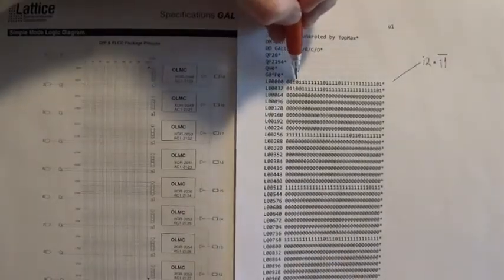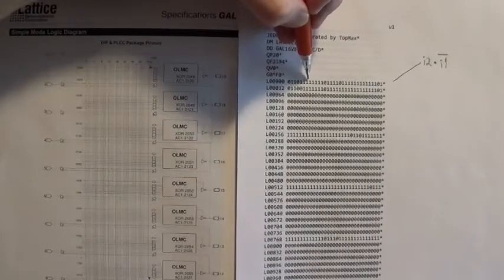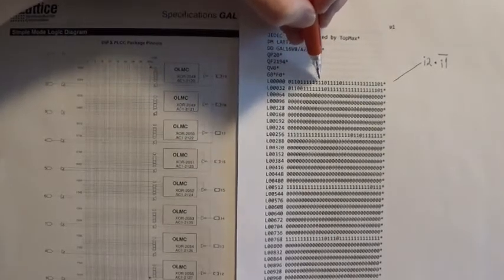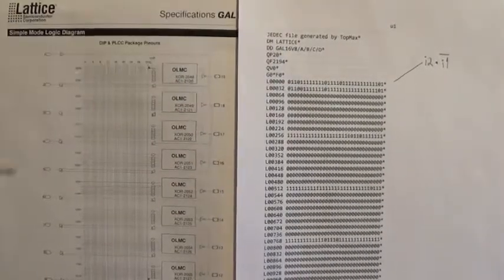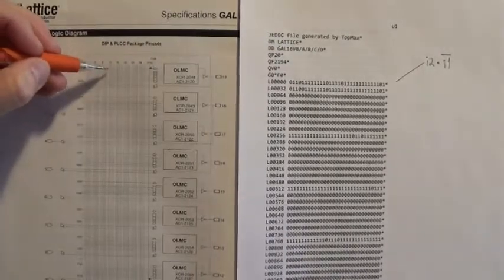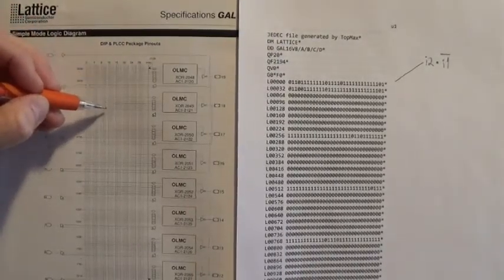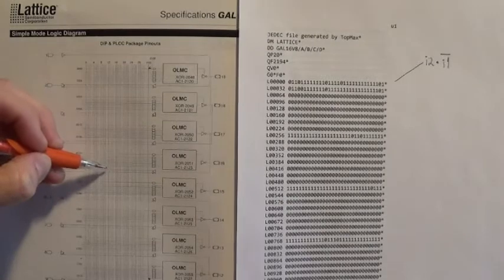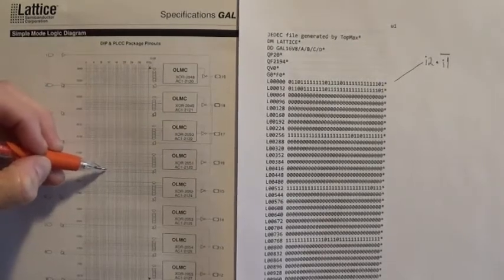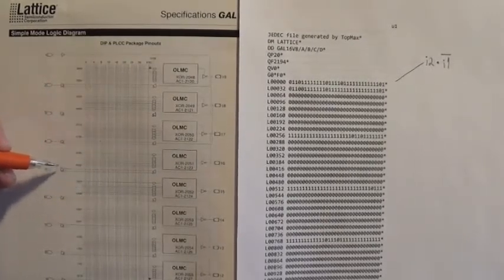0, 1, 2, 3, 4, 5, 6, 7, 8, 9, 10, 11, 12. It is 12, not 11. It's 12. So let's follow 12 down. And we hit this dot right here. Let's follow it over.